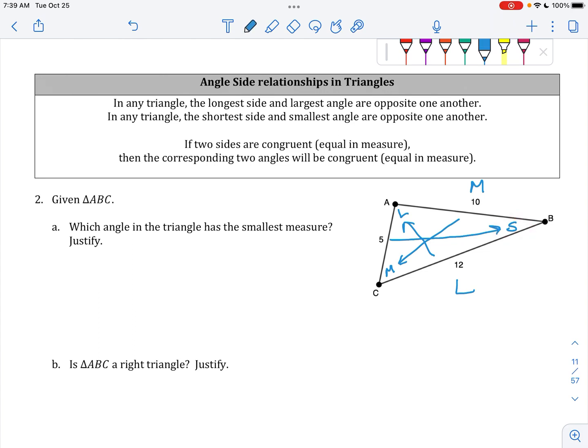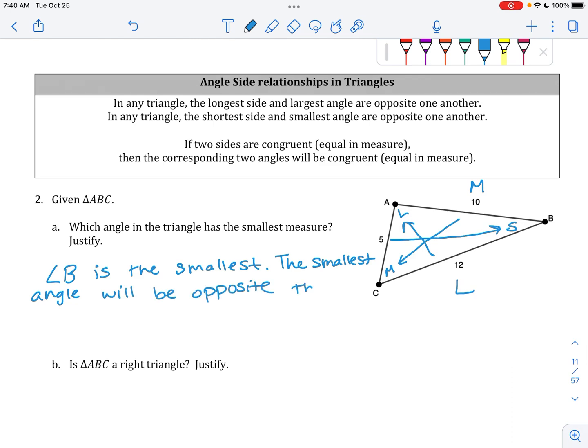So this one asked us which is the smallest angle. So we're going to say that angle B is the smallest. And to justify, we want to explain this property. So the smallest angle will be opposite the smallest side, and the smallest side is segment AC.